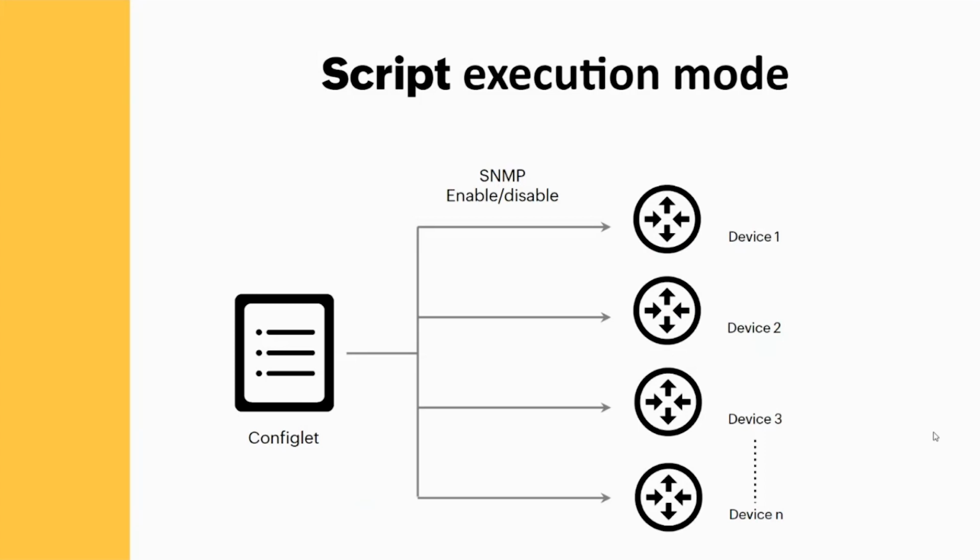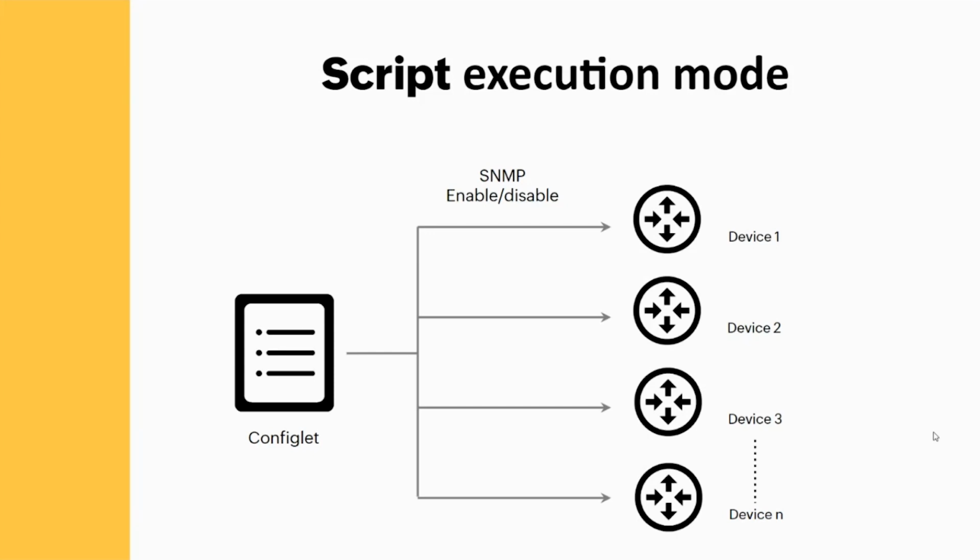In this mode, the given commands are executed in a sequential manner for the devices on which they have to be executed. We can make use of this script execution mode to do some simple operations such as enabling or disabling SNMP on multiple networking devices, or configuring interface bandwidth, or configuring IP address on multiple networking devices.